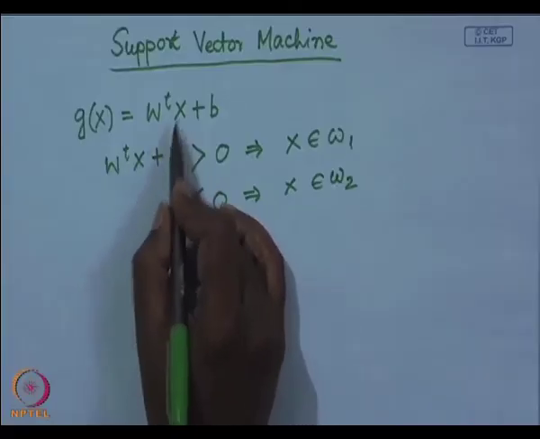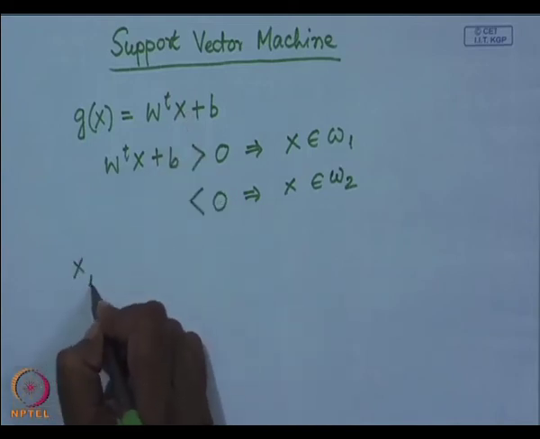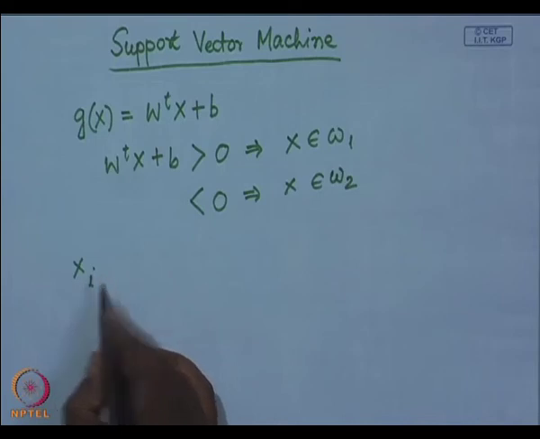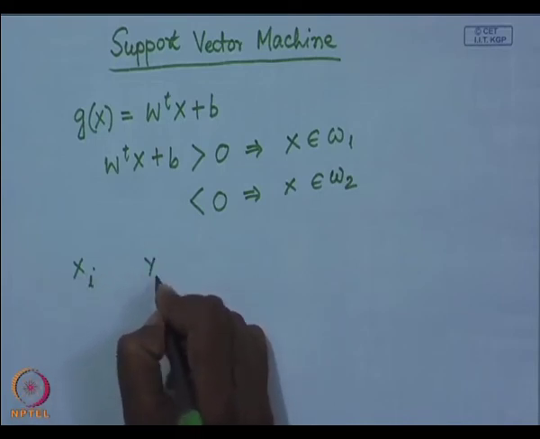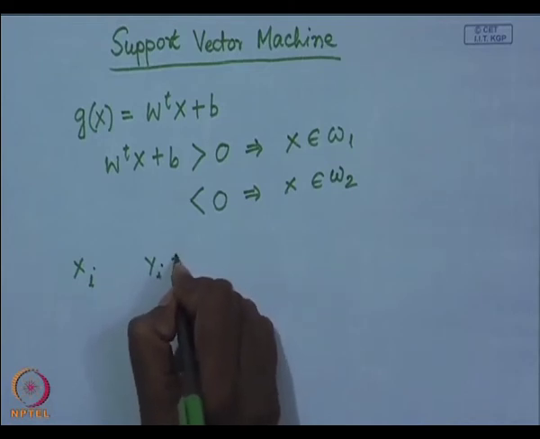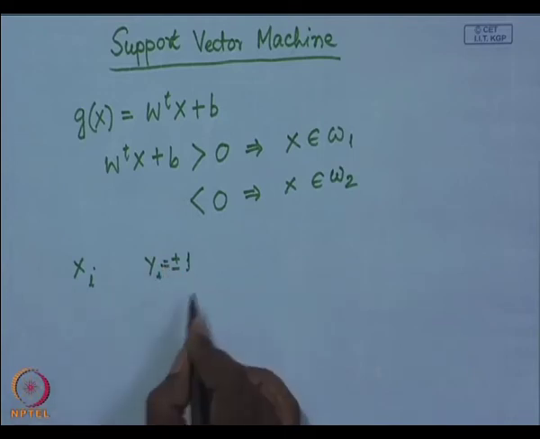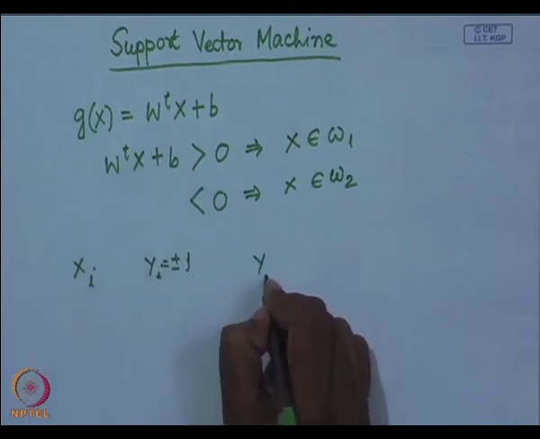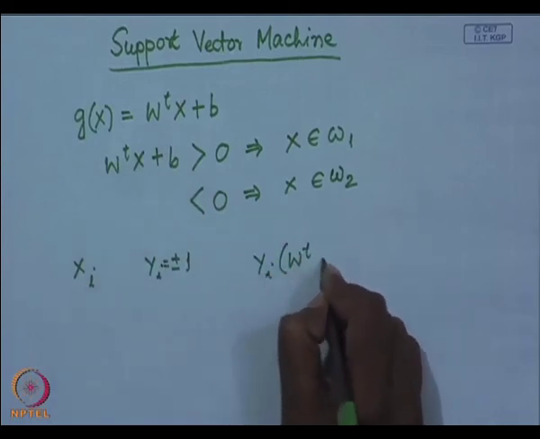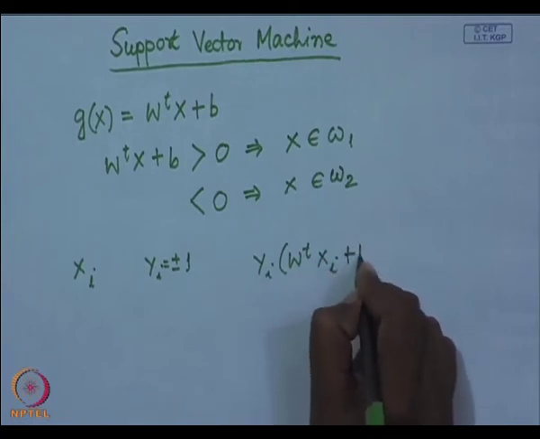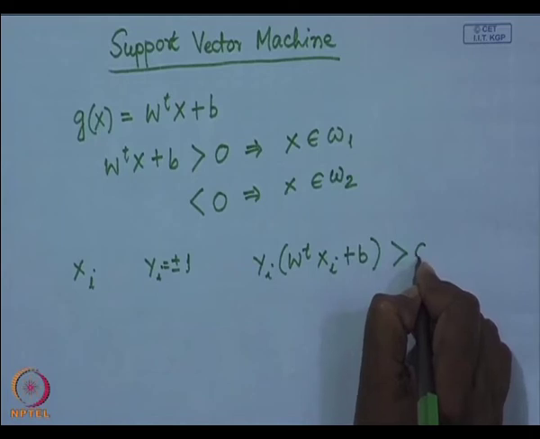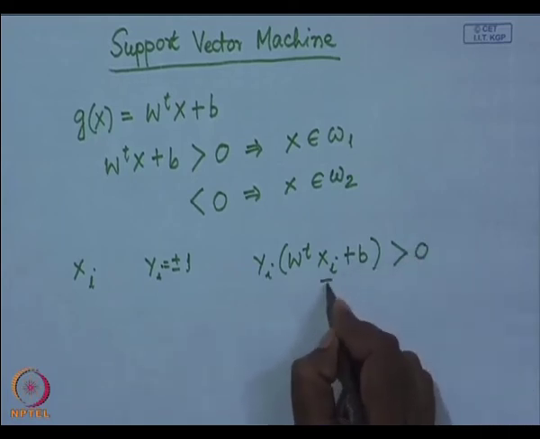So, over here, with every x I indicate a number, say y i, where y i can be either plus 1 or minus 1. In that case, y i times w transpose x i plus b will always be greater than 0 if the sample x i is properly classified.